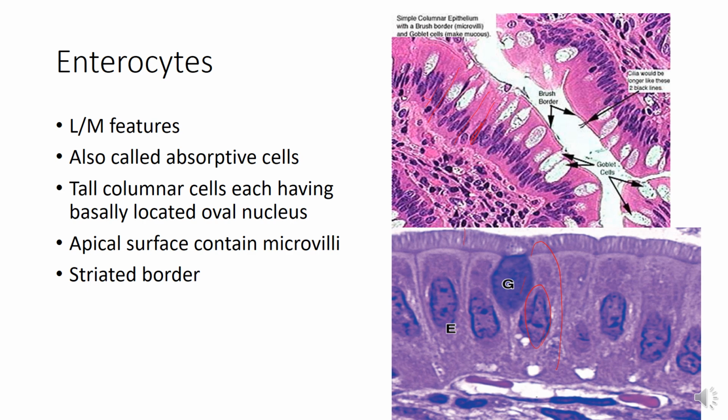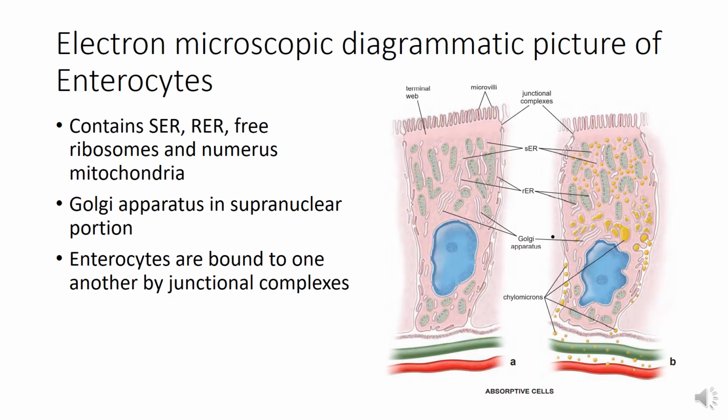So you can see here they are imparting a striated appearance. Therefore, this border is known as the striated border, also known as the brush border. We will discuss this brush border later on. They are due to the presence of microvilli.